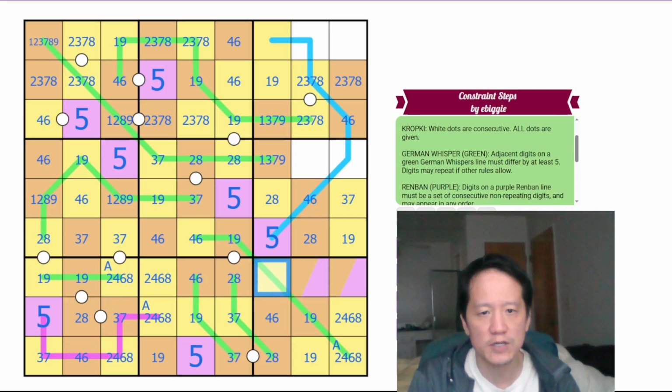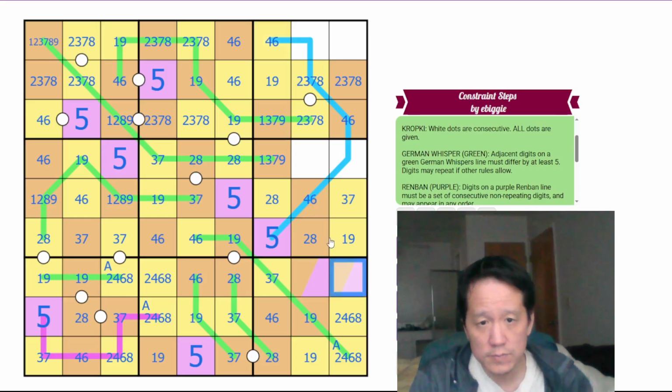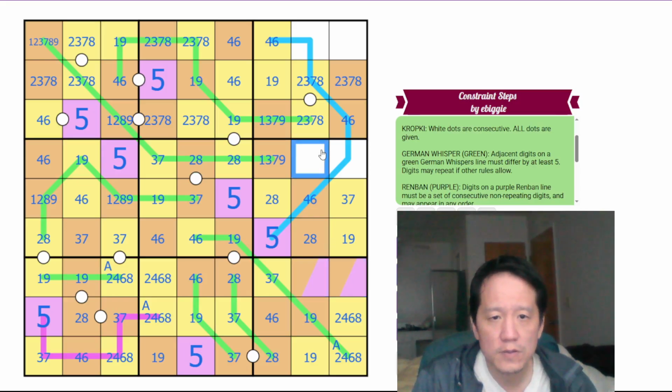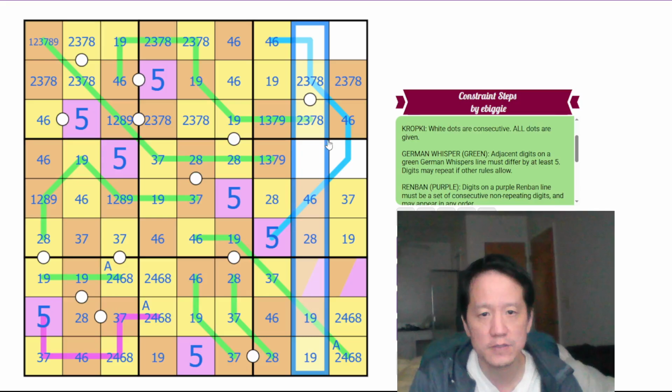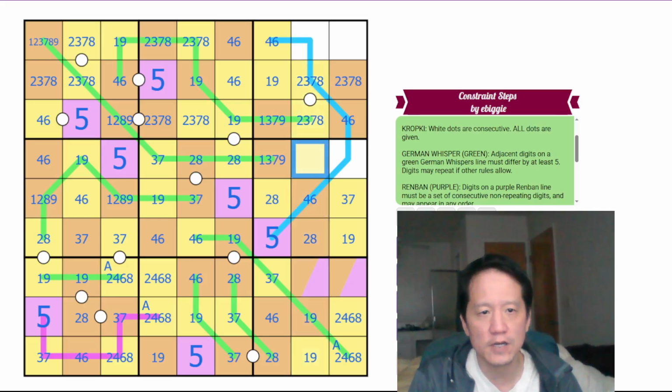So this must be the yellow 3, 7, which makes this the yellow 4, 6. The yellow 4, 6 cannot be here. It must be here then in column 8. So this is the yellow 4, 6, which makes this the orange 1, 3, 7, 9.